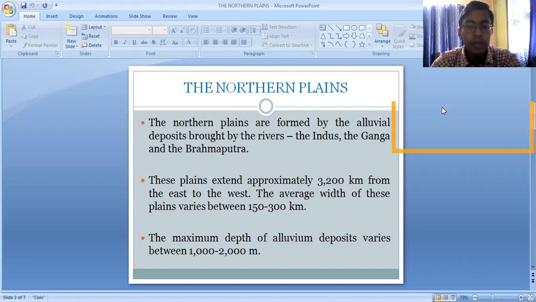The maximum depth of alluvium deposits varies between 1,000 to 2,000 meters.